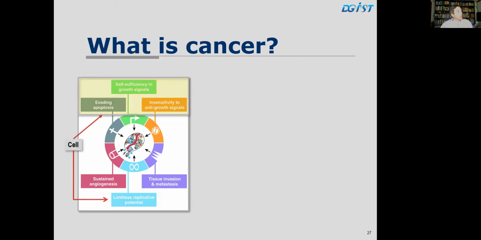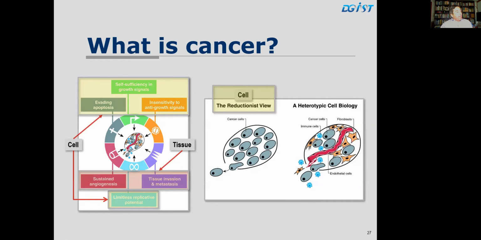So we call these cell-based hallmarks and tissue-based hallmarks. And this has been the idea of cancer, these cells that are constantly dividing, but we have a more complex view of cancer now. That's not just the cells, but it's the tissues, the blood vessels, and the immune cells that are trying to fight it, etc. So that's an overview of cancer.